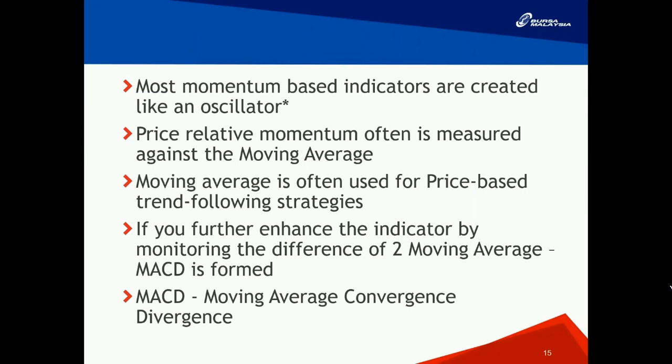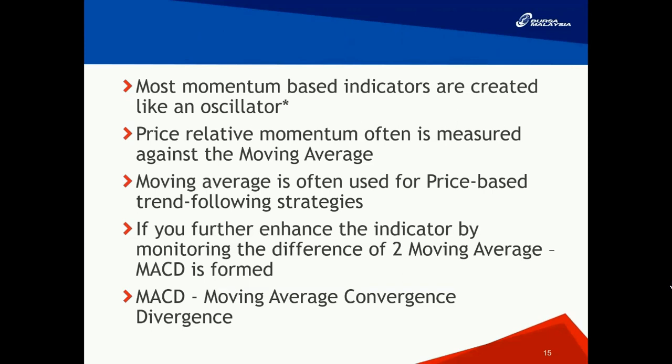Most momentum-based indicators are created like an oscillator, which we will discuss more in our next webinar later in August. Price relative momentum is often measured against MA, moving averages, and usually we use price to know the trend following strategy.